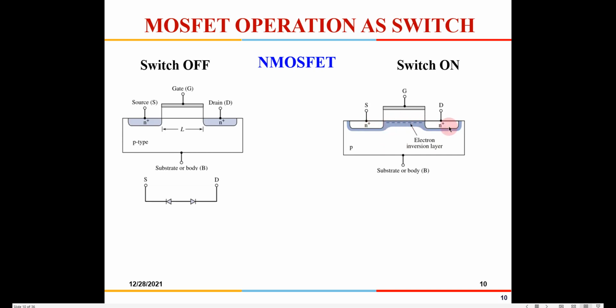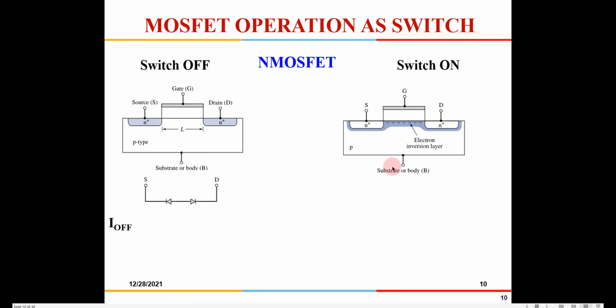Electrons will also be pulled from these two N regions. So you have a channel formed as and when we give a positive gate voltage. Now this starts acting like a switch, in the on condition.